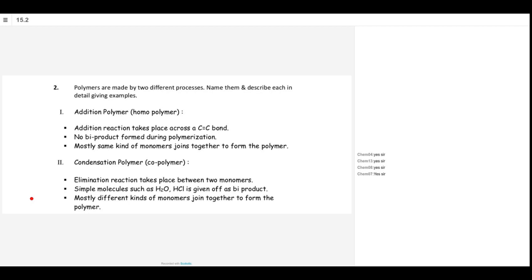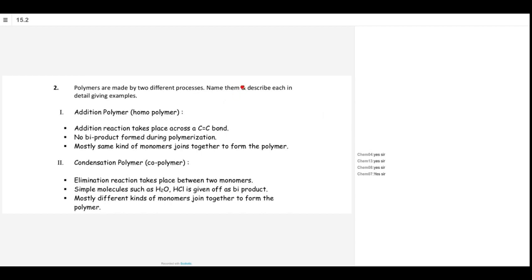Since an addition reaction takes place, no byproducts are produced. Also, in some situations the same kind of monomer combines to form the addition polymer. Such an addition polymer can be referred to as a homopolymer because the same type of monomer combines.